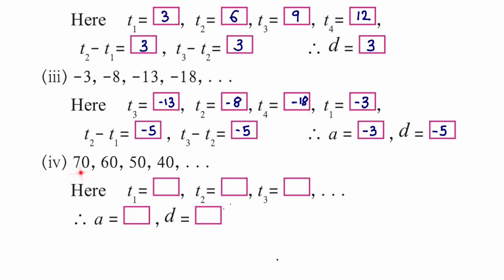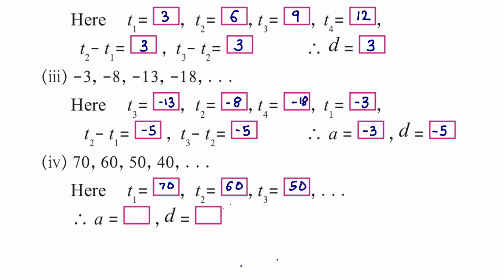Let us solve the last sub question of question 1 of practice set 3.2. The sequence given to us is 70, 60, 50 and 40. तो यहाँ पे जो फर्स्ट टर्म है वो है 70 और जो सेकेंड टर्म है वो 60 and the third term is 50.